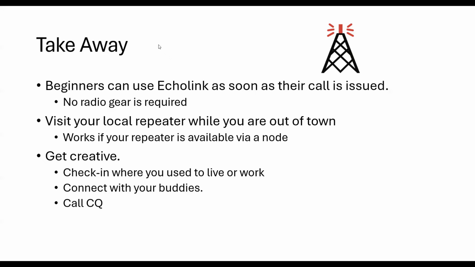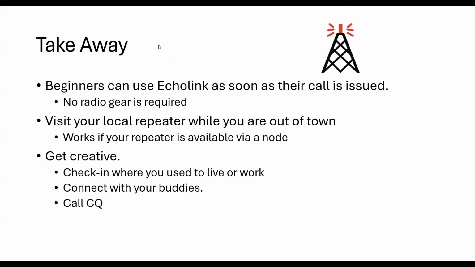Actually, if there's a discussion going on the repeater like a net, you might not get announced because it's not going to do an announcement when other people are talking. But nevertheless, if you wanted to get on the net, you should probably check in about 10 to 5 minutes early, and hopefully on the net they'll say, "Do we have any check-ins on Echolink?" and give a pause.